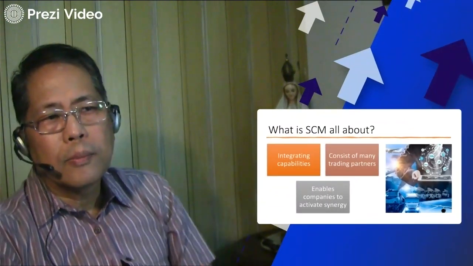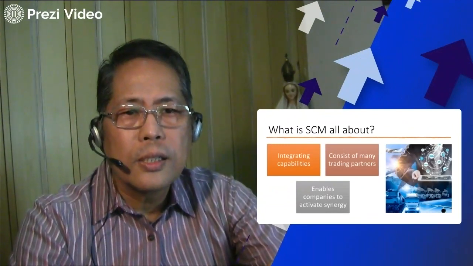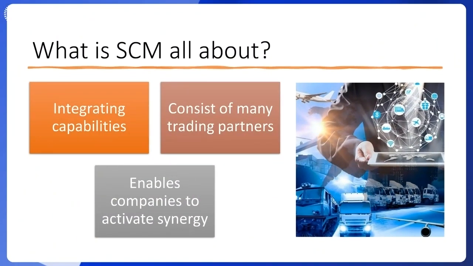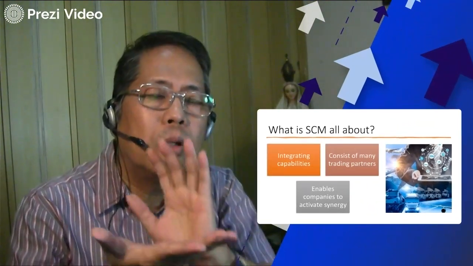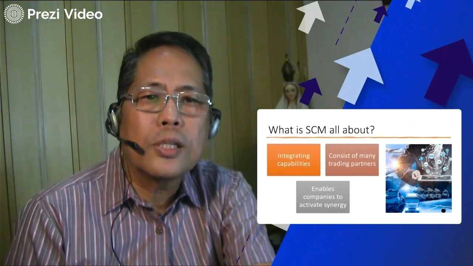SCM is about a company integrating its capabilities and marketplace objectives with those of its suppliers and customers on a strategic level. An integrative supply chain consists of many trading partners participating simultaneously in a collaborative network containing multiple levels of competencies and various types of relationships.